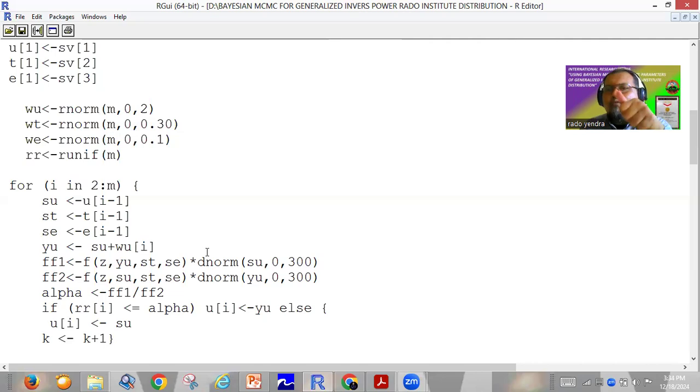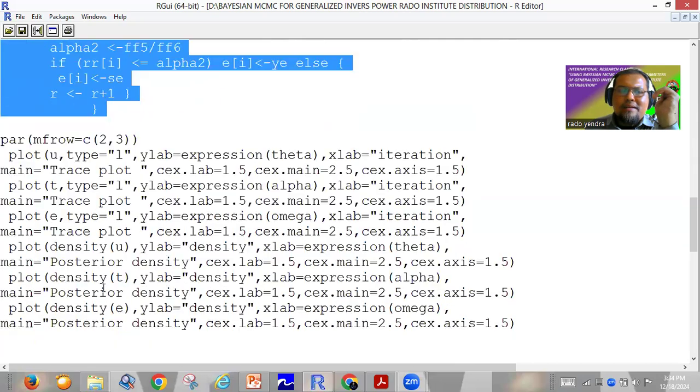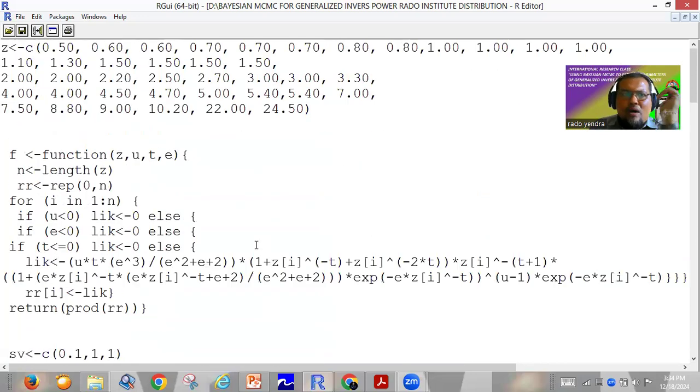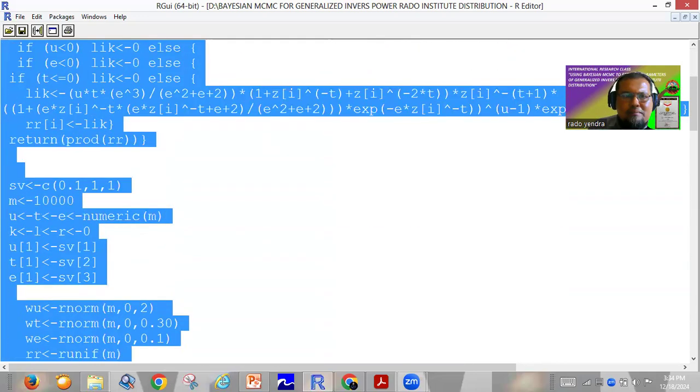We will find only one value for each parameter. Of course, we will use the median: the median of nu for beta, the median of T for alpha, and the median of E for theta. Okay, next let's run the program.